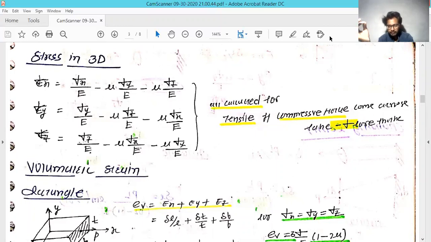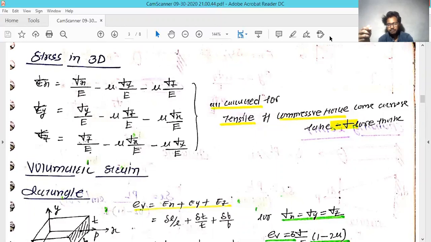I have assumed that you have understood the concept of how we have written the first three equations, which are related to their particular direction for the same body, but in a different direction. Each time we are applying the force in a different section.